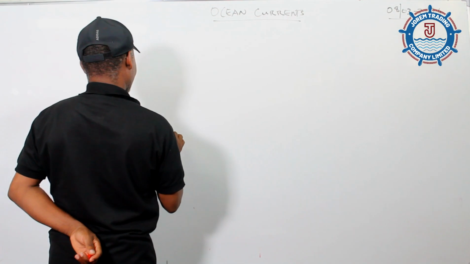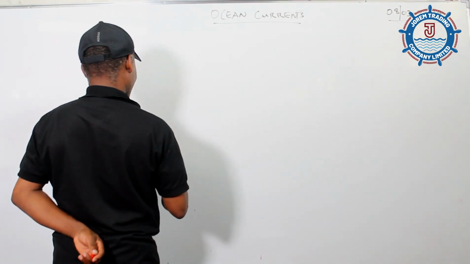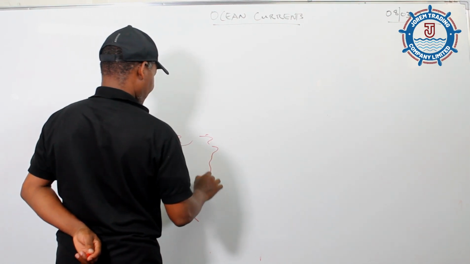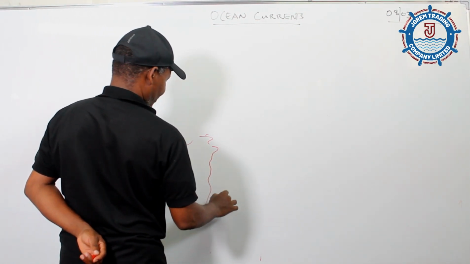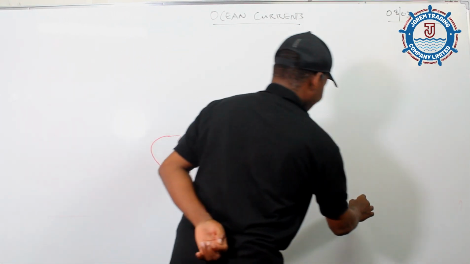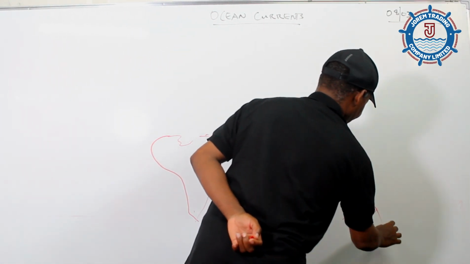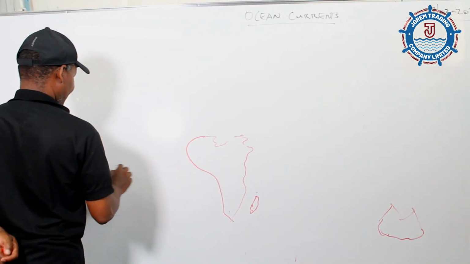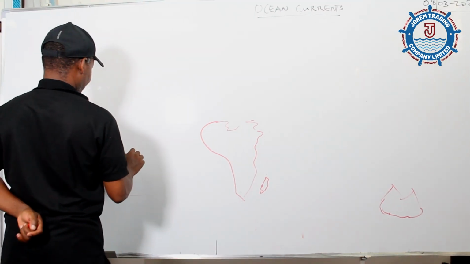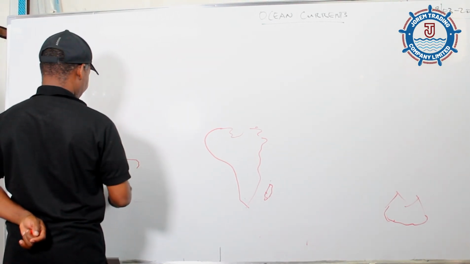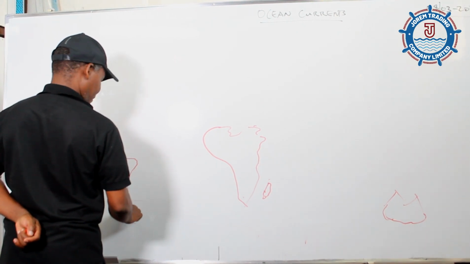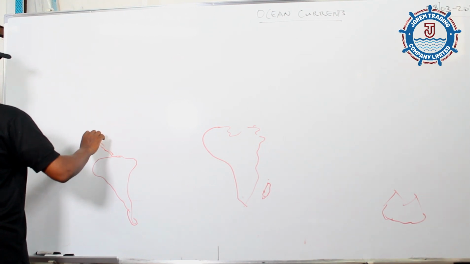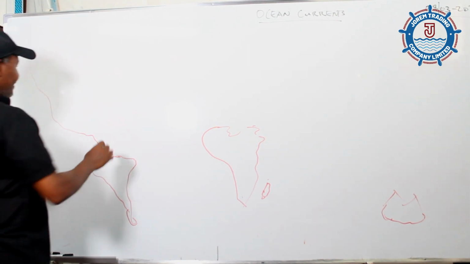Let's start with just a simple Africa. Around there, with its Madagascar almost there, with its Australia almost there, and we have, say, South America almost there, and we have North America that side.